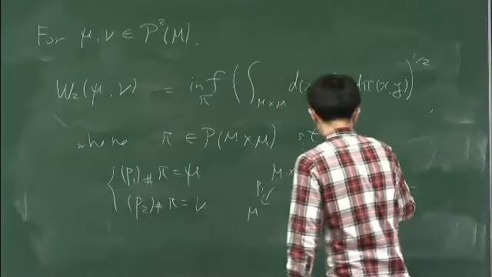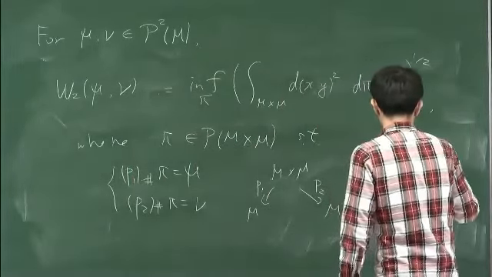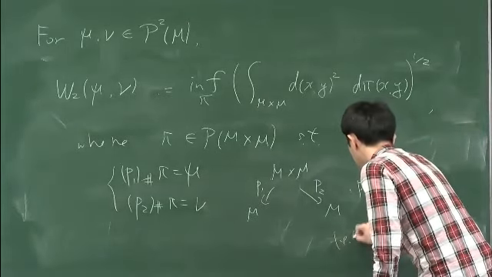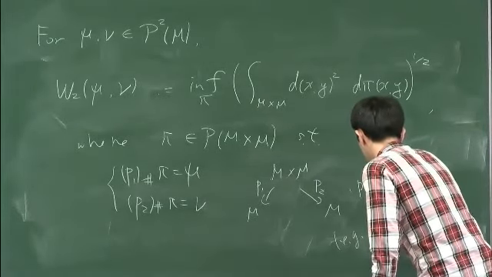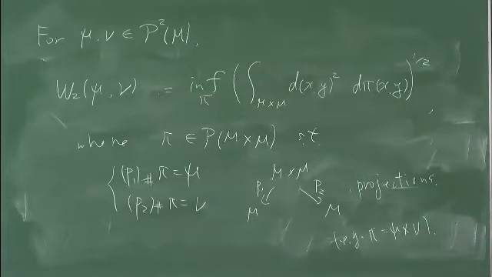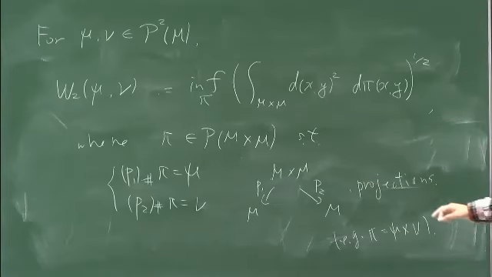Of course, for example, the product measure is always a coupling of mu and nu, but in general this is not a good coupling. And we take the infimum over couplings. And actually this is a nice distance on the P2 space.